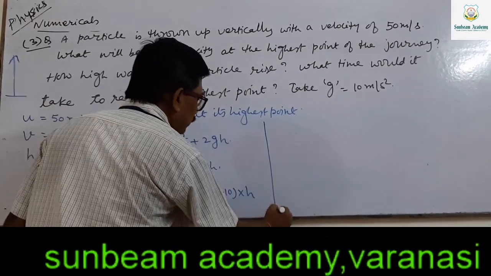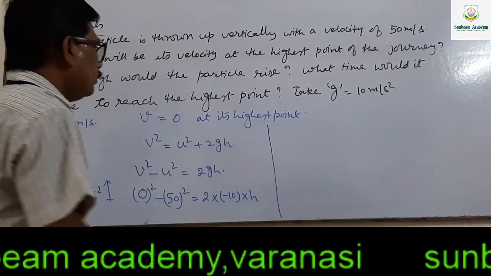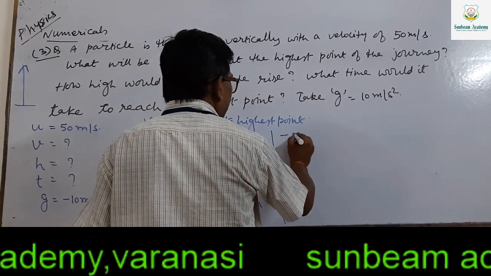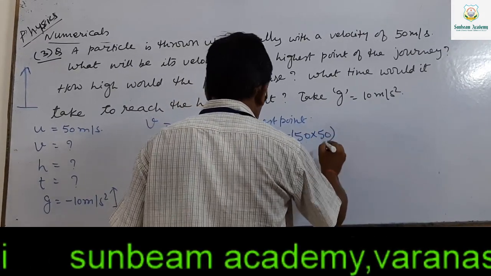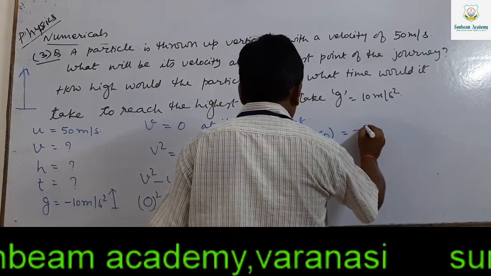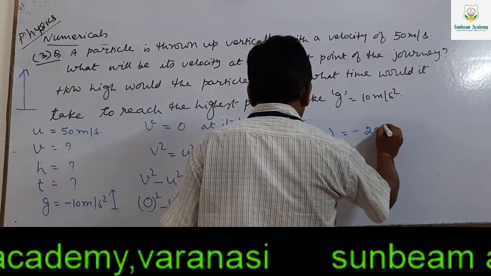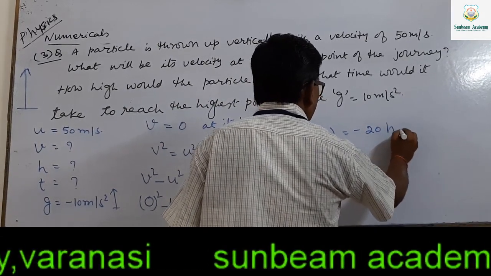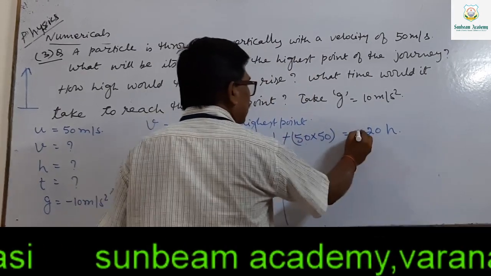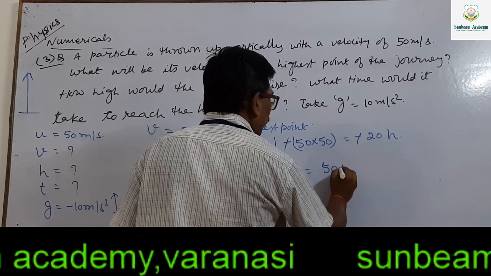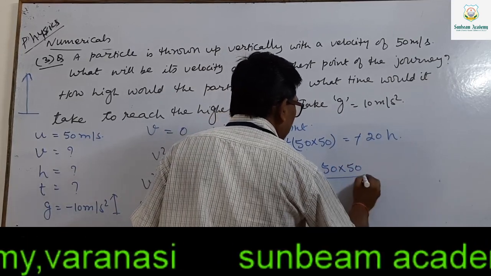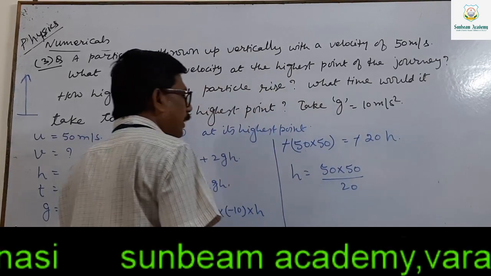Now see the calculation. Here it will be 50 into 50 is equal to minus 20h, the minus sign is cancelled here, h is equal to 50 into 50 upon 20.